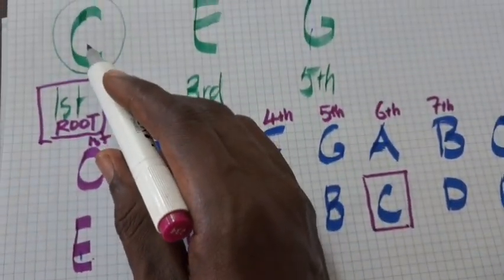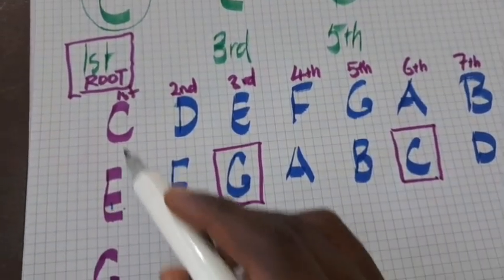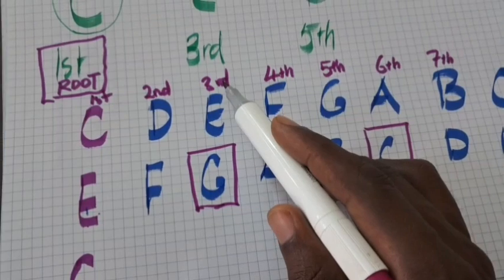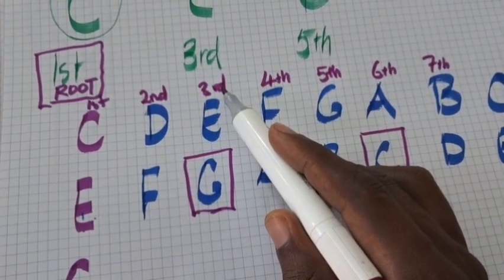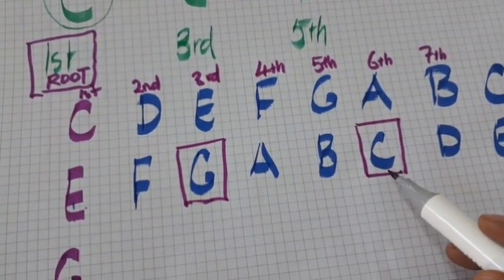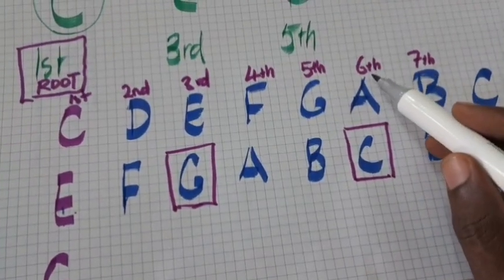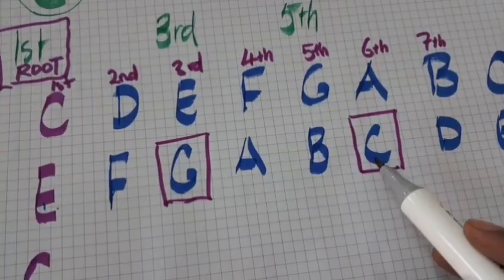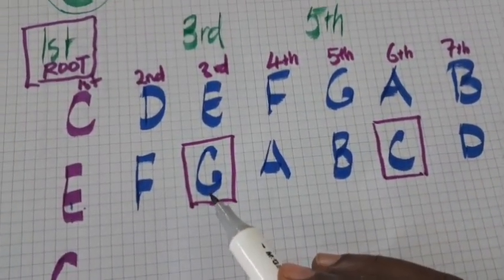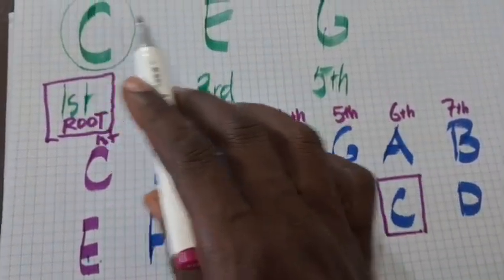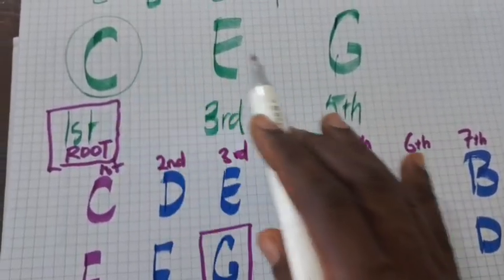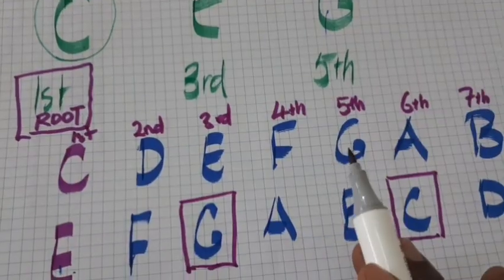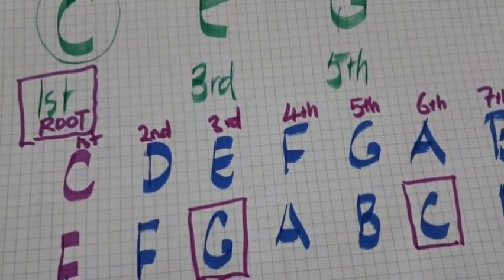Now, E is the first now here. G becomes the third. And C, which is the principal key, becomes the sixth. Since we still have our C, E, and G, it means it's still the triad of C major. The fact that it is in a different position does not change it. It's still the C major.